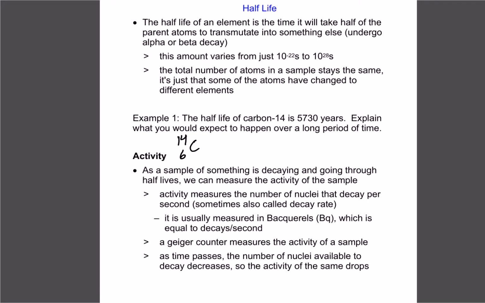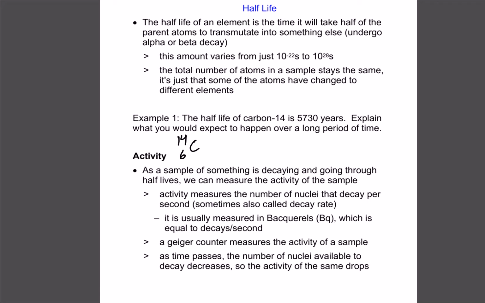If you started with 100 atoms, in 5,700 years you'd have 50, and in another 5,700 years you'd have 25, and another 5,700 years you'd have 12 and a half, and so on. It would just keep getting cut in half as time goes on.